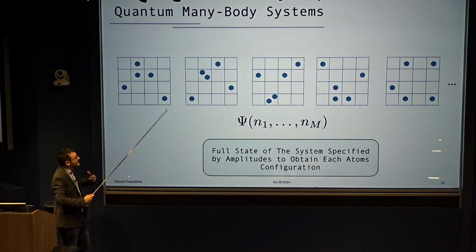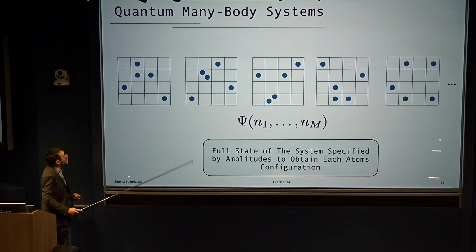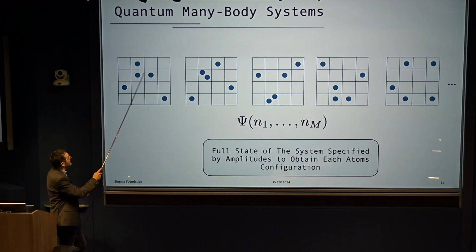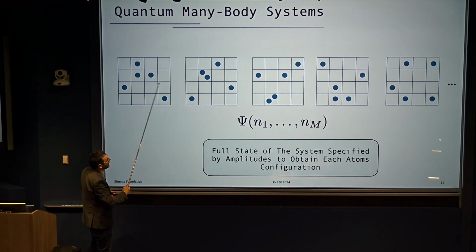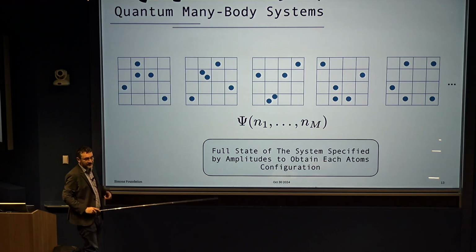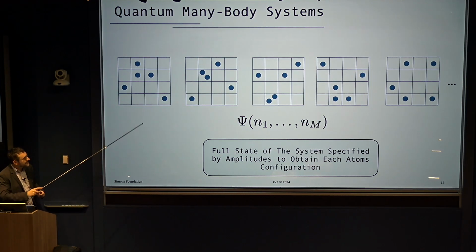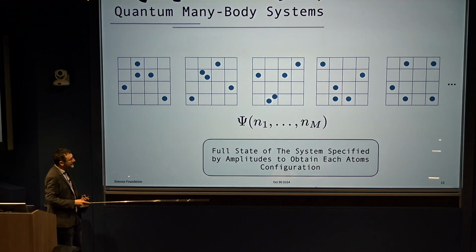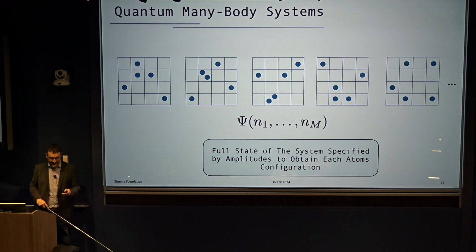And in order to specify at each time the physical state of your system, you will need to know the probability amplitude of finding, for example, one particle here, and one there, and so on, or one particle here, and there. So you see there are exponentially many possibilities of placing these particles in all the different boxes. And if you really want to have a full knowledge of the system, you need to know all the amplitudes of these different states.